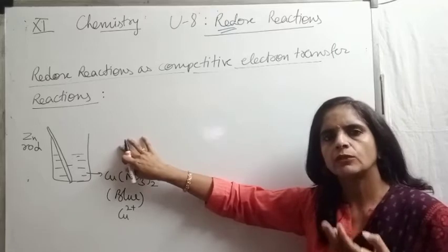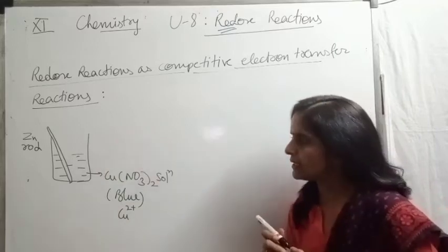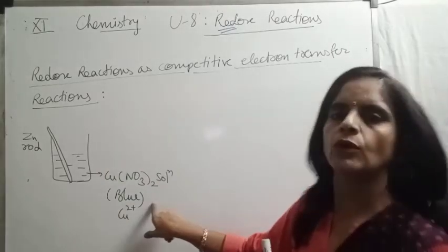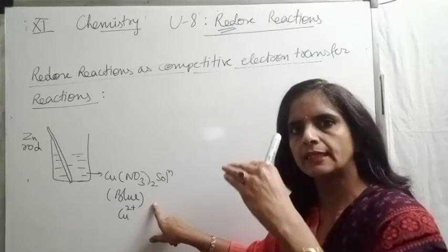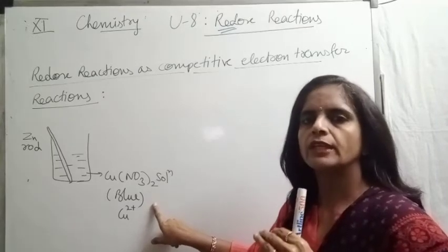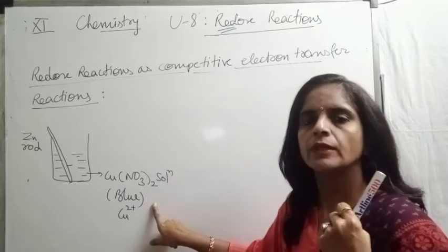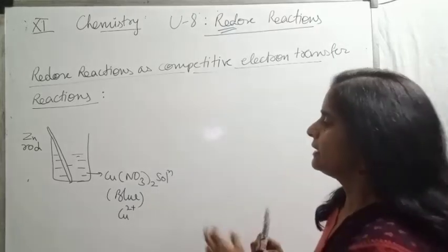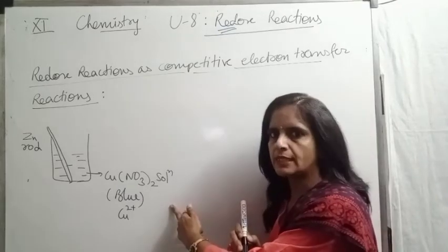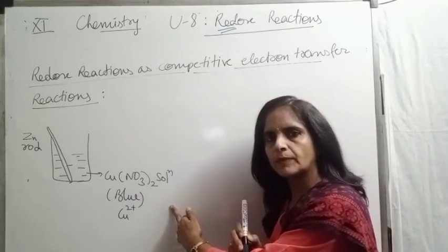Roughly after 1 hour, you will see that the intensity of blue color will start decreasing slowly. When you continuously keep on observing this setup, you will find that the intensity of blue color keeps decreasing.